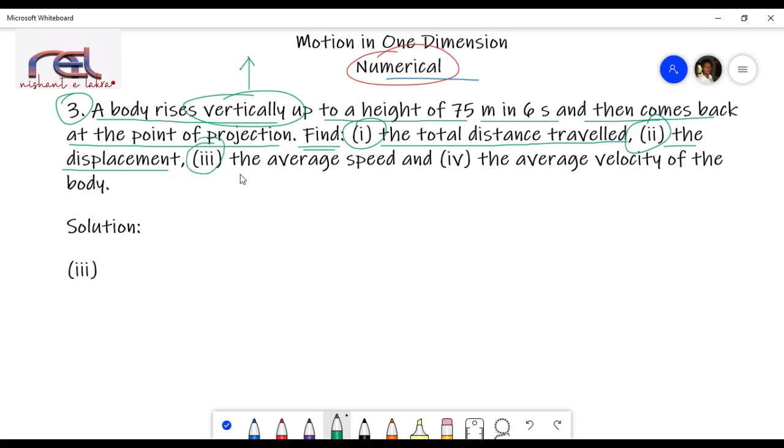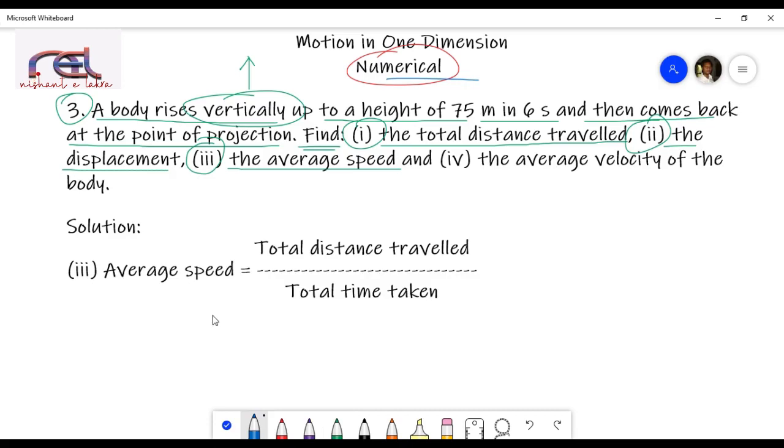The average speed. We have to calculate the average speed of the body that has risen vertically upwards. The formula to find speed or average speed is total distance traveled divided by total time taken. So total distance will be 2s and total time will be 2t.